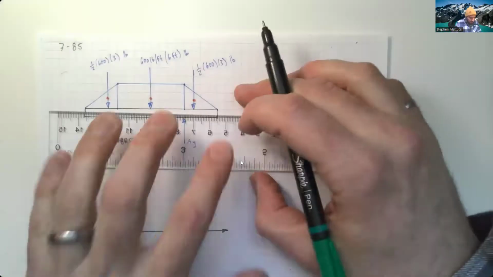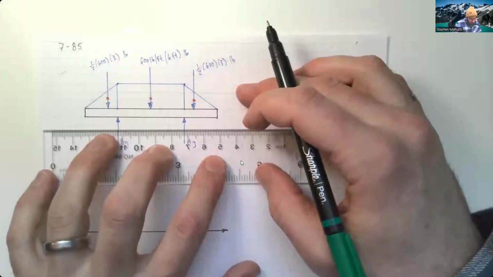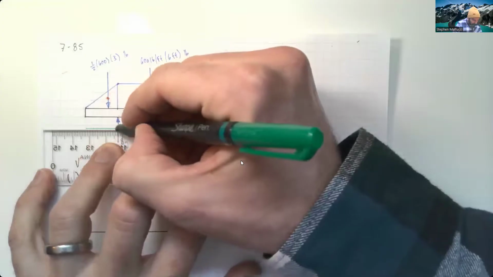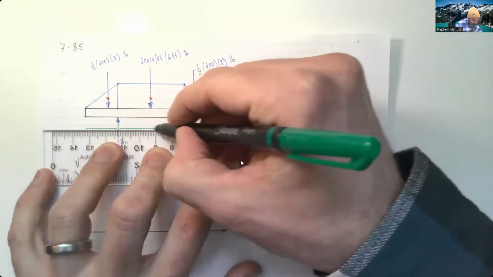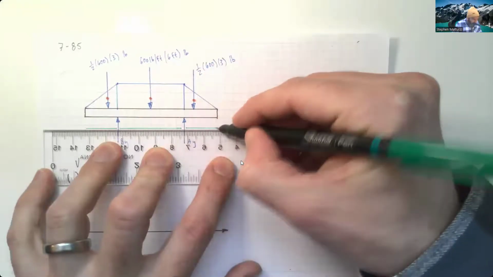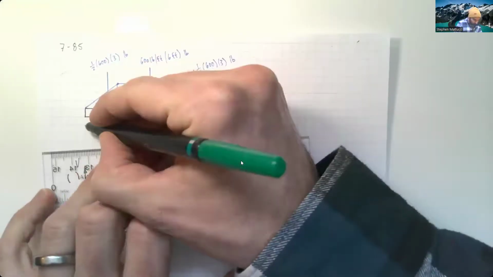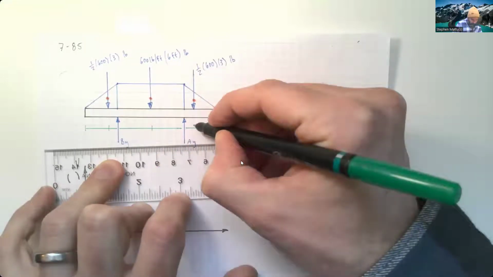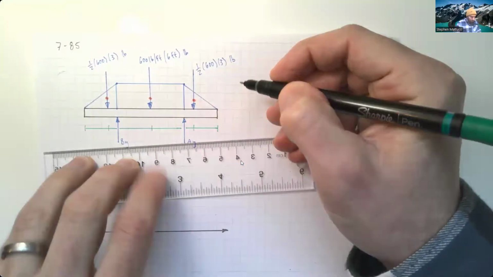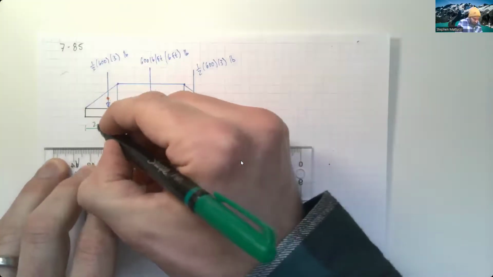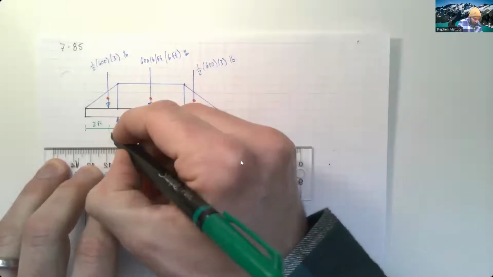So in this case here, I'm going to plot all of these distances. So if this overall triangle is 3 feet, that means this is going to be 2 feet.